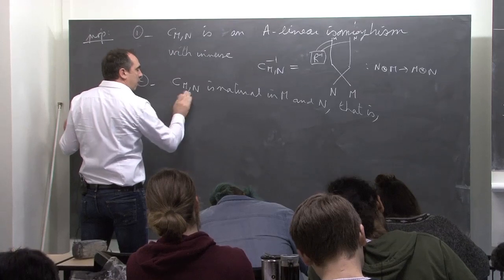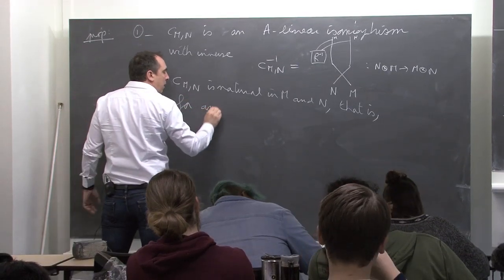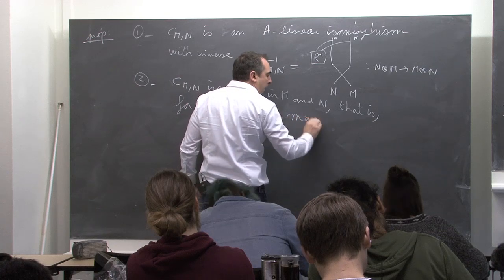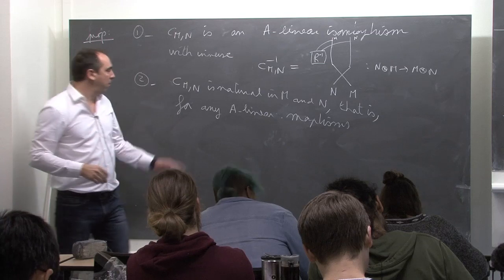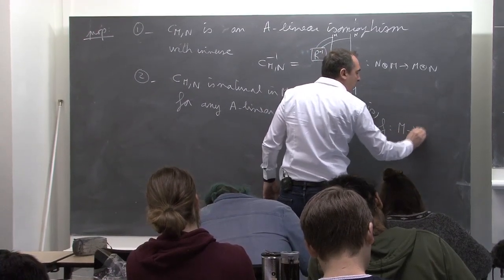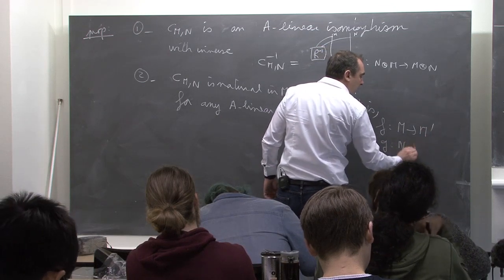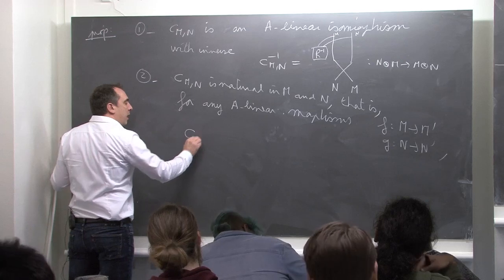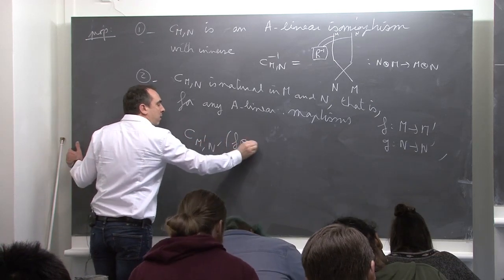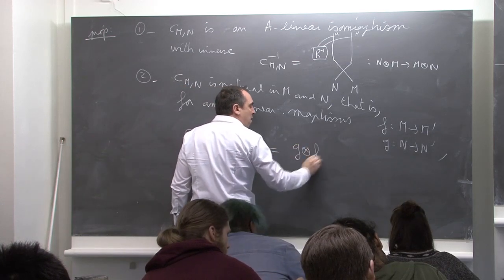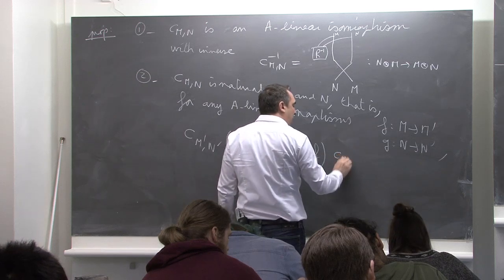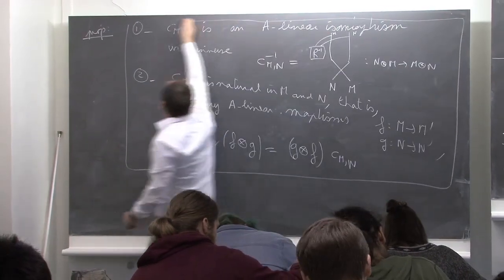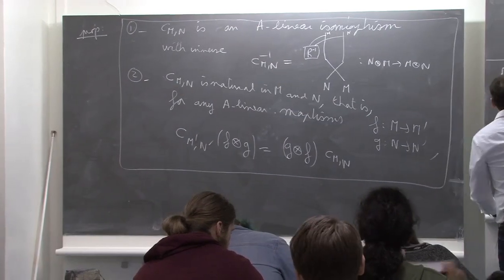For any A linear homomorphisms, so morphisms, which I will denote by f from M to M prime, g from N to N prime, we have that C_{M',N'} of f tensor g is g tensor f composed with C_{M,N}. First, write this property.